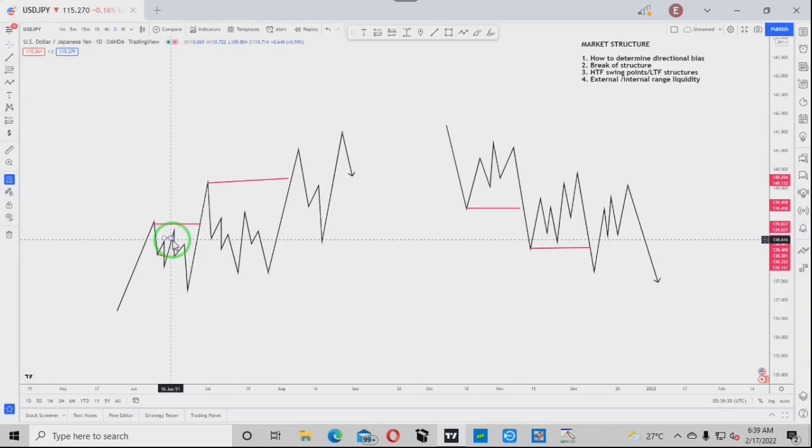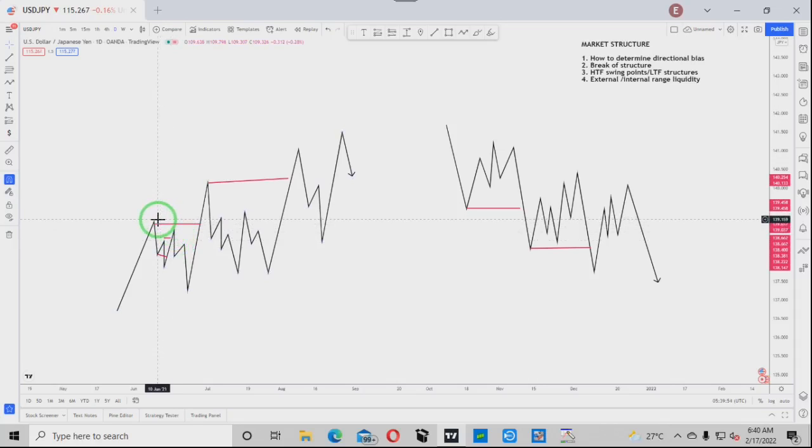This is where a lot of traders go wrong. Actually, it is a break of structure, but that break of structure is immaterial. It is not important. It's insignificant. Why? Because it is yet to break the major swing point here.